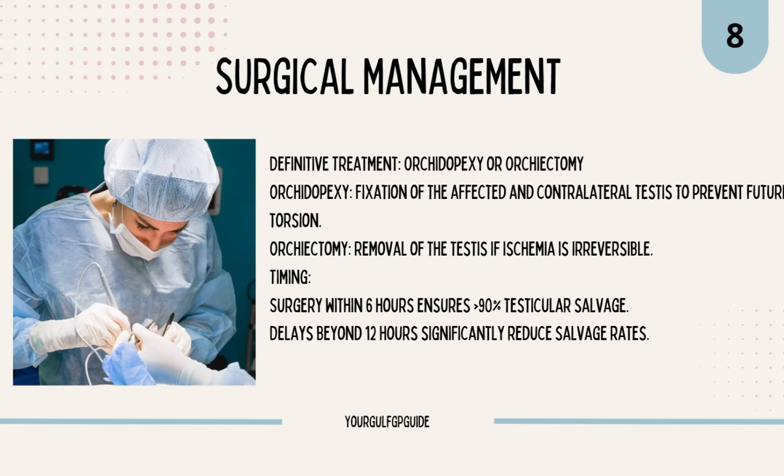Surgery within 6 hours ensures more than 90% testicular salvage. Delays beyond 12 hours significantly reduce the salvage rate. So it is based on the level of ischemia that you decide whether to go for an orchidectomy or not, but within 6 hours is the best option.